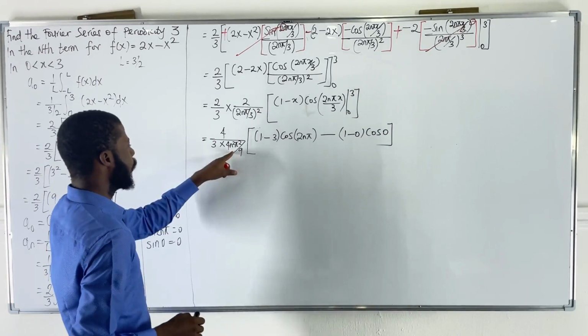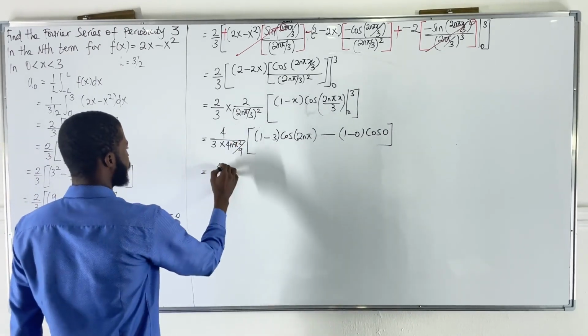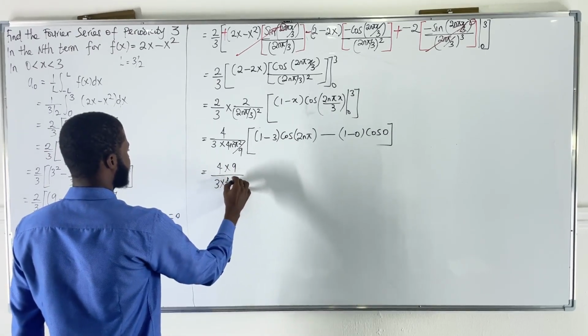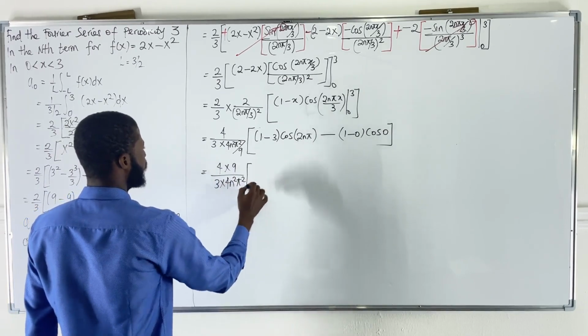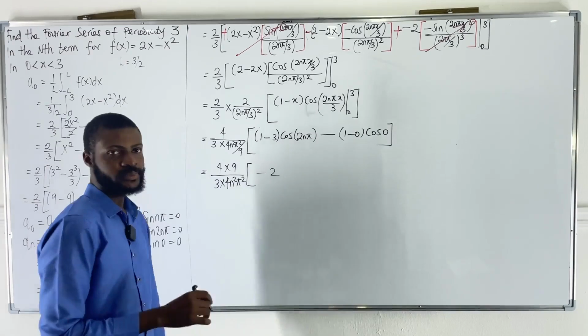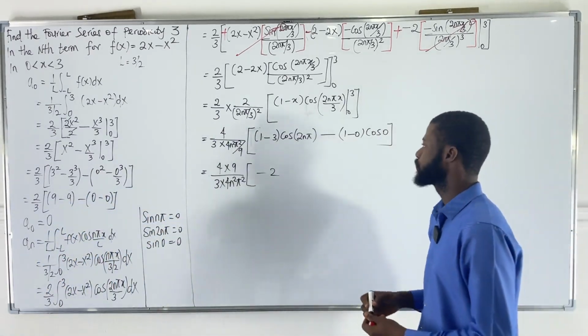Now, this over 9, I can take it to the top. So this is 4 times 9 over 3 times 4n squared pi squared into 1 minus 3, which is minus 2.